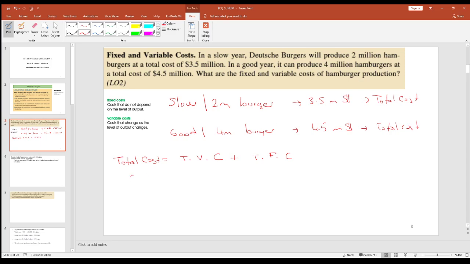It is 3.5 million. We don't know yet the total fixed cost and total variable cost in a slow year, so let me leave it empty. In a good year, we have again $4.5 million total cost. Again, we will find total variable cost and total fixed cost.